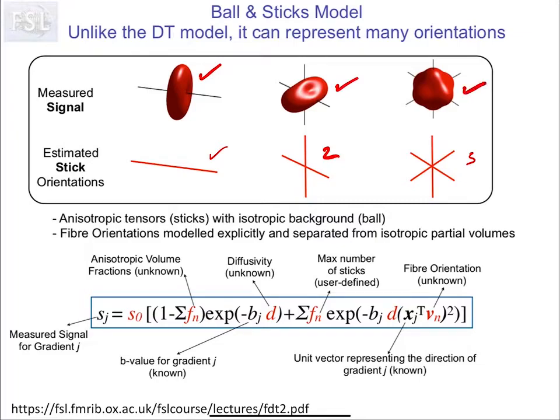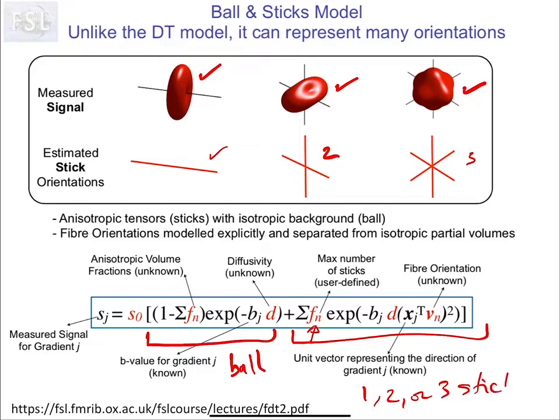And if it looks like that, it's 3 sticks. Okay? And then each stick can have its own volume fraction. And then I just sum them all up, and I'm left with, this is the anisotropic part, and this would be the isotropic part. So the full model is there's a ball and 1, 2, or 3 sticks. Okay, and each with a volume fraction associated with it.